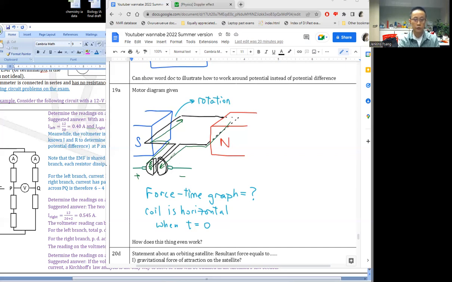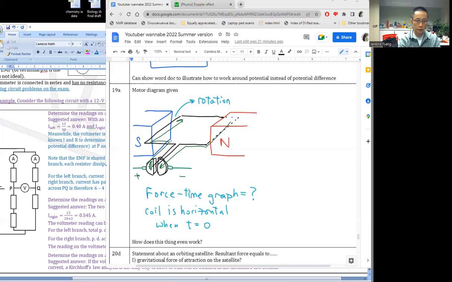The current direction will reverse, but then reversing the current direction can actually allow continuous rotation to occur according to Fleming's left-hand rule. But for this question, they want you to figure out the variation of force with time.